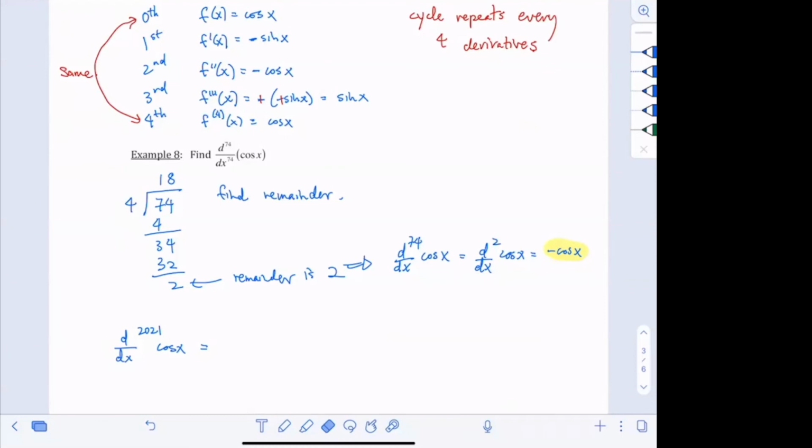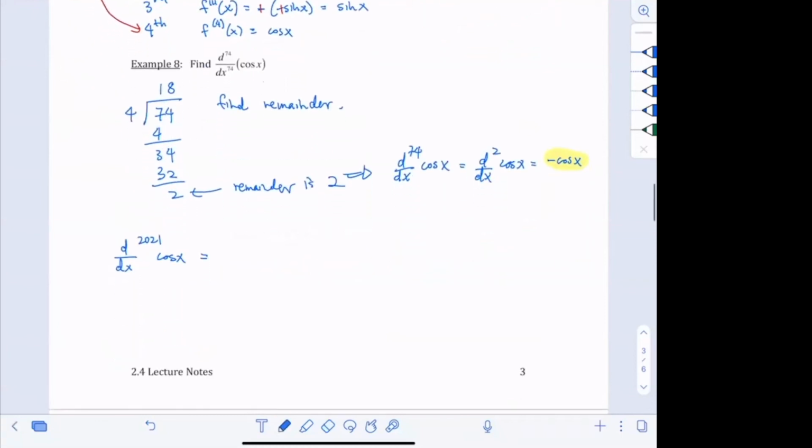2021 is not so bad to work with, right? Because 2020 is perfectly divisible by 4, right? So it's like 2021 is equal to 2020 plus 1. So this is our remainder.